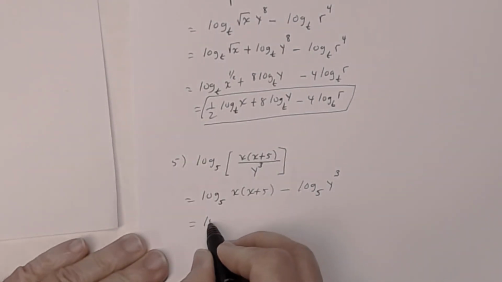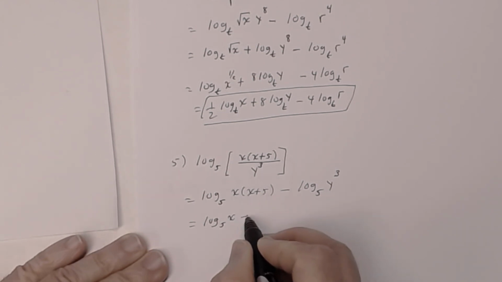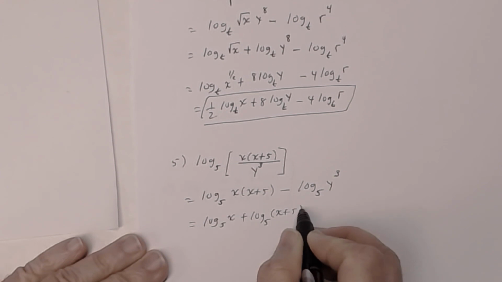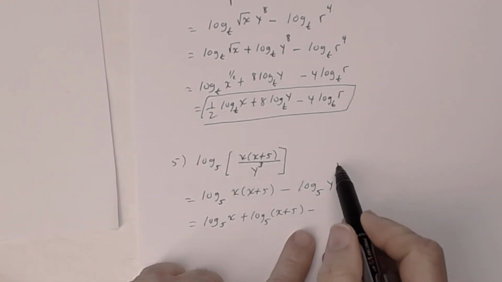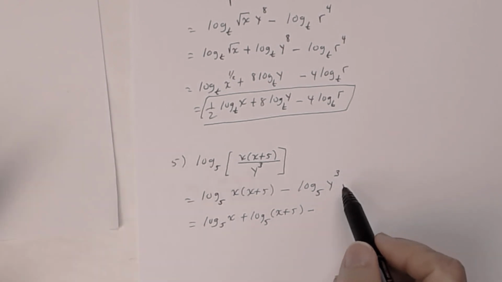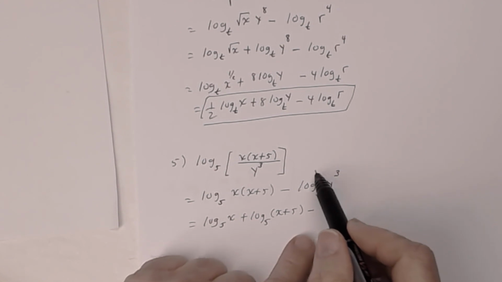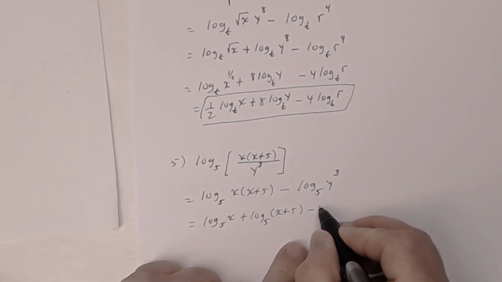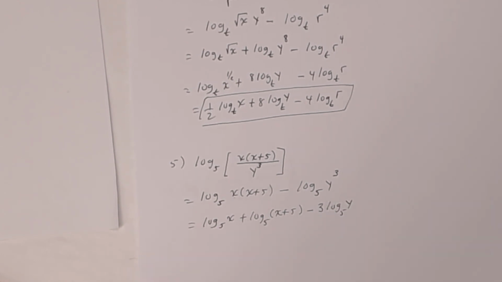This becomes the log base 5 of x, that first factor, plus the log base 5 of the second factor, x plus 5, minus, and for this one, remember, you want to expand as much as possible, so I'm going to use the power rule here. It'll be 3 times the log of y base 5. And that's it. That's all you can do.